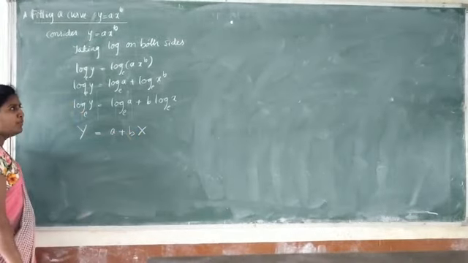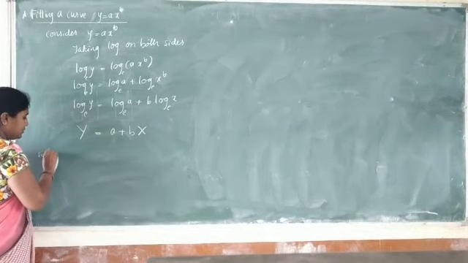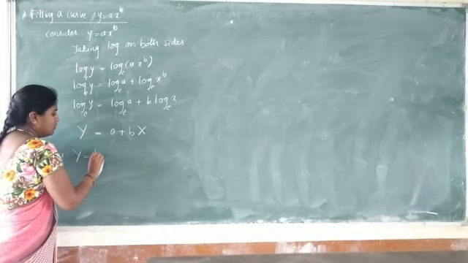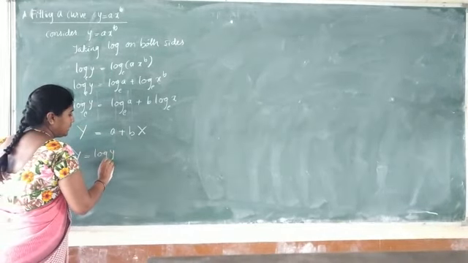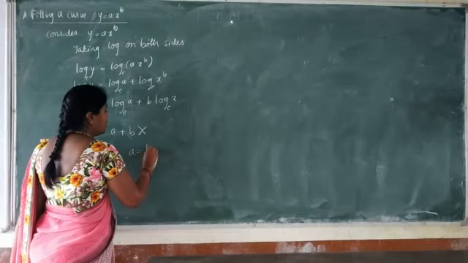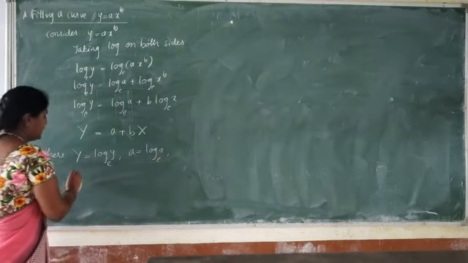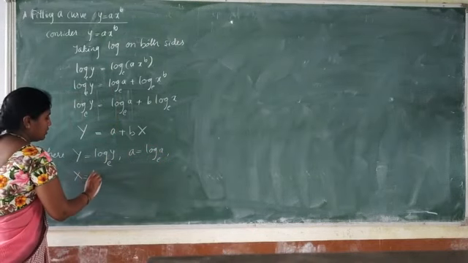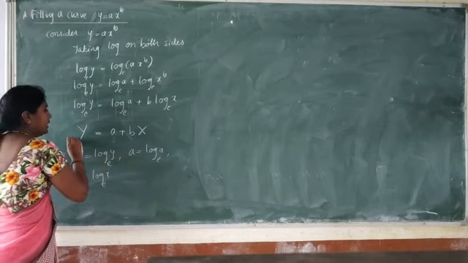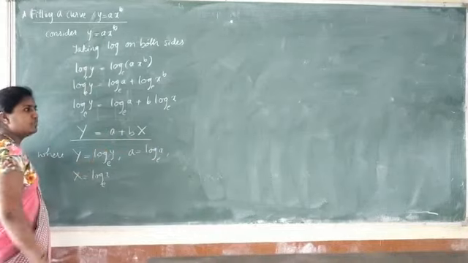This is of the form y equals a plus bx, where Y equals log y to the base e, and A equals log a to the base e, and X equals log x to the base e. Look at this equation, Y equals A plus bX.